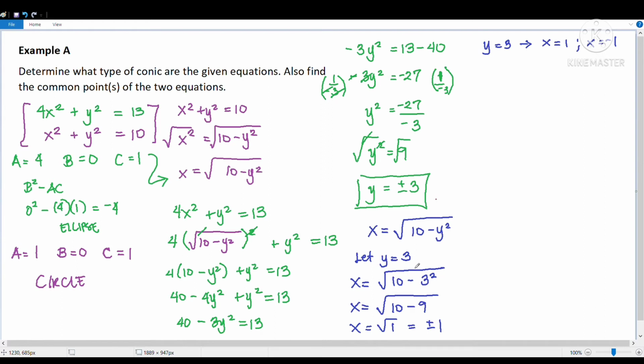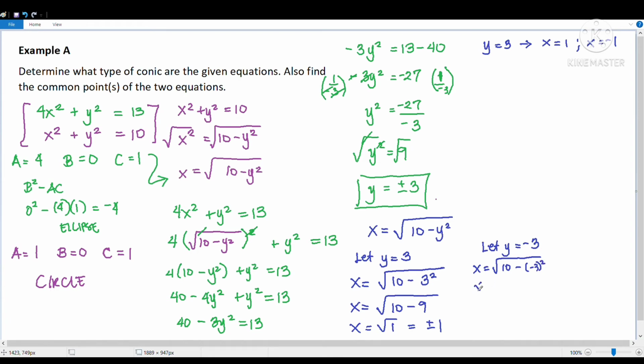Now, the second one is to substitute the second value of y, which is negative 3. So let y equal to negative 3. I will have x equal to the square root of 10 minus negative 3 squared.